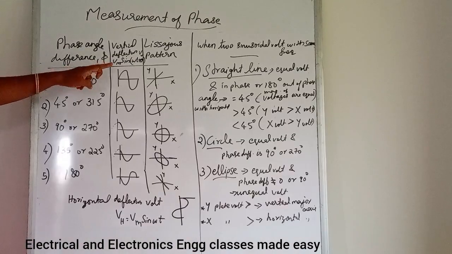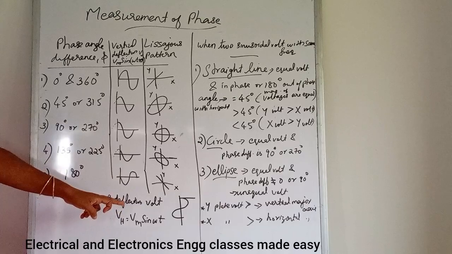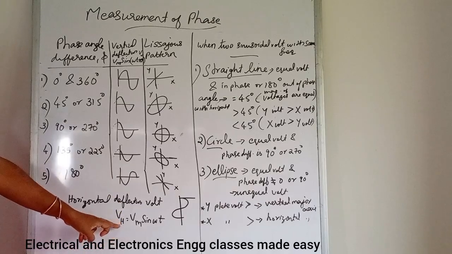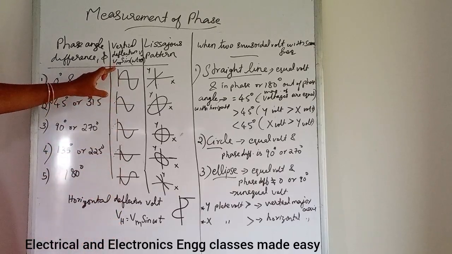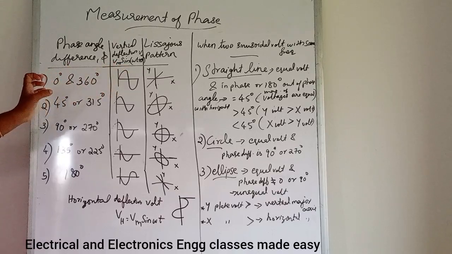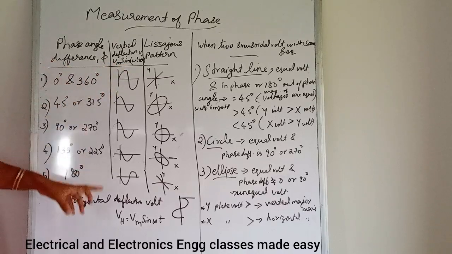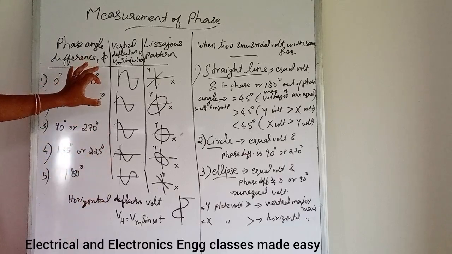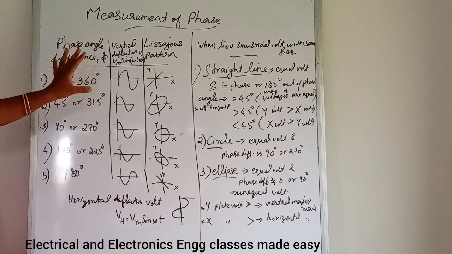Let two sine waves, this is VH equal to Vm sin omega t and this is VV equal to Vm sin omega t plus theta be applied across the horizontal and vertical deflection plates.